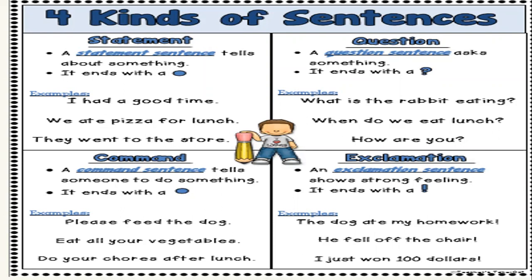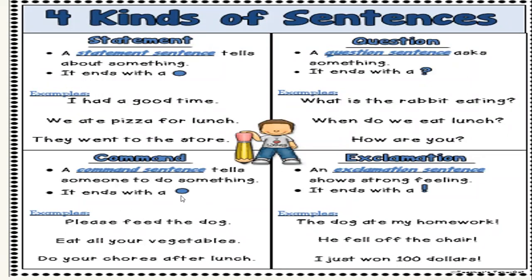The exclamatory sentence shows a strong feeling, and because it shows a strong feeling, it ends with an exclamation mark. This is the exclamation mark. This is the question mark. And of course, you know our friend Dot.